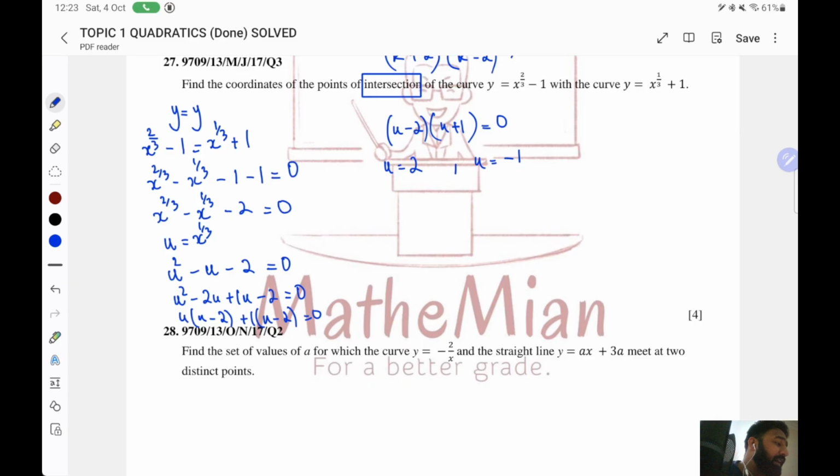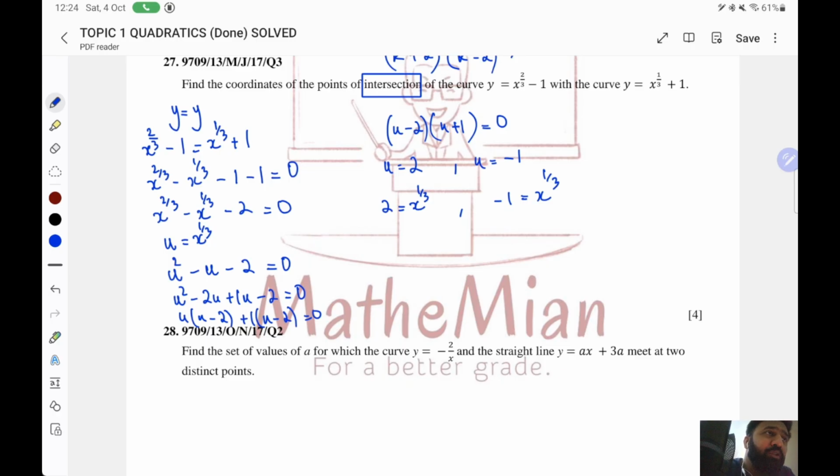So we have the values of u with us. Now we know that u equals x power 1 by 3. So we'll substitute 2 equals x power 1 by 3, and minus 1 also equals x power 1 by 3. Now we know that it is a power on the right side.